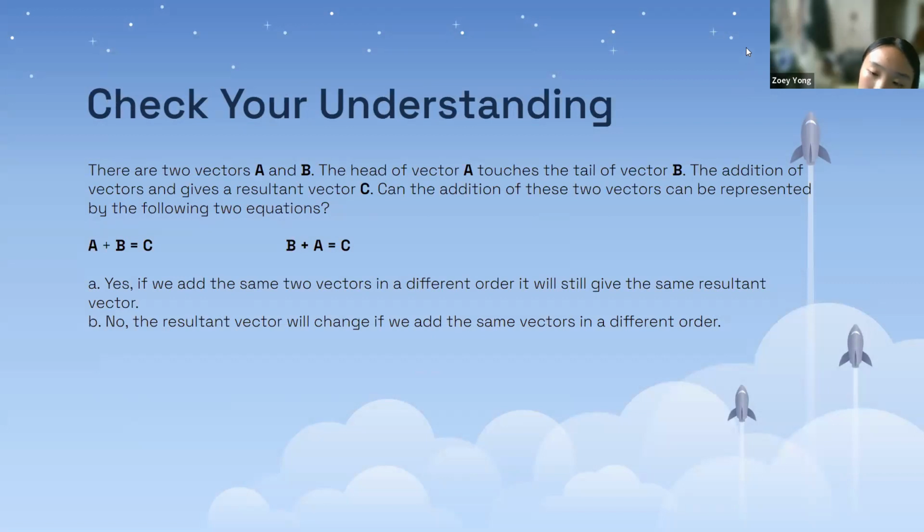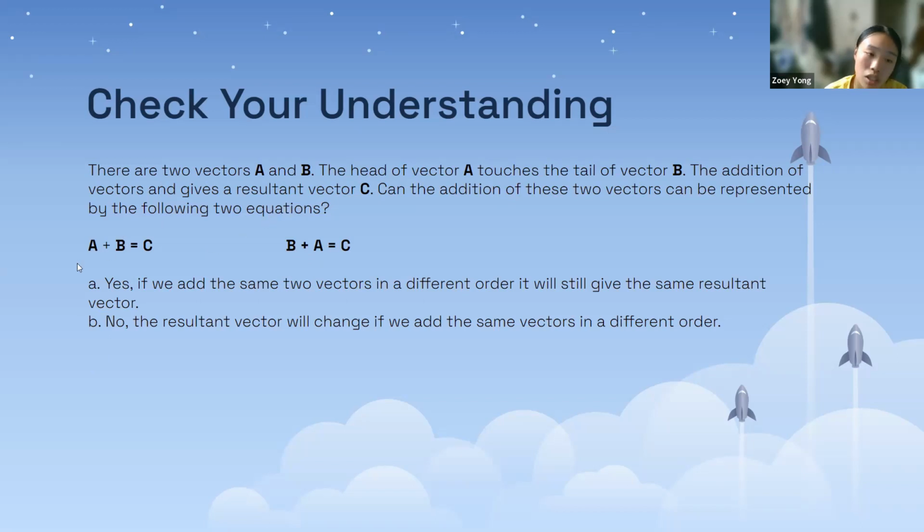So we're going to do a check your understanding. There are 2 vectors A and B. So you have 2 arrows A and B. The head of vector A touches the tail of vector B. The addition of vectors gives a resultant vector C. So if you add A and B, you're going to get a resultant vector called C. Can the addition of these two vectors be represented by the following two equations?